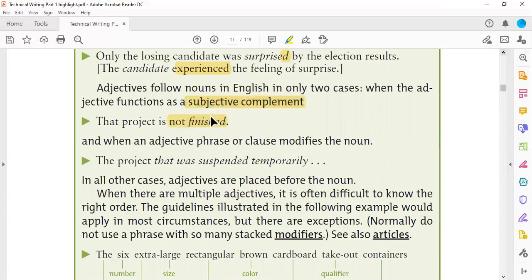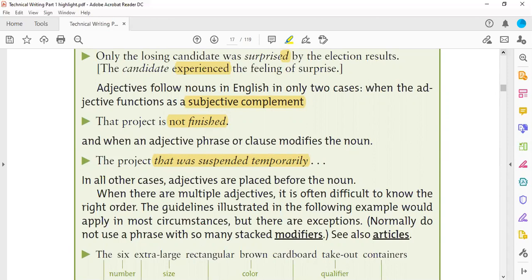Complement for what? For the subject, that project. And when the adjective phrase or clause modifies a noun, as in the project that was suspended temporarily. That phrase or clause modifies the project, and that's why it comes after the noun, not before the noun.